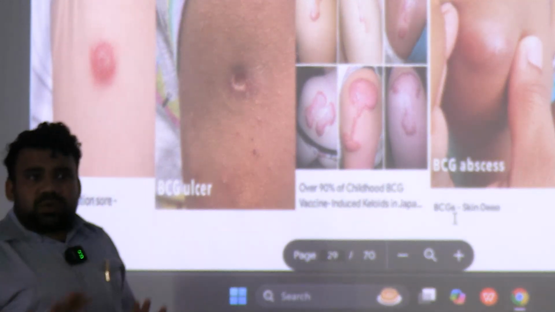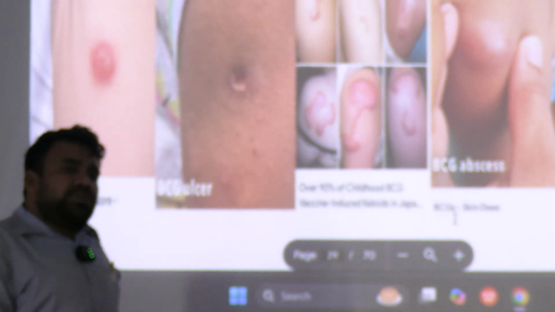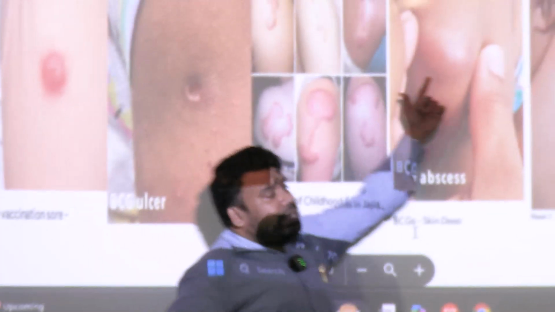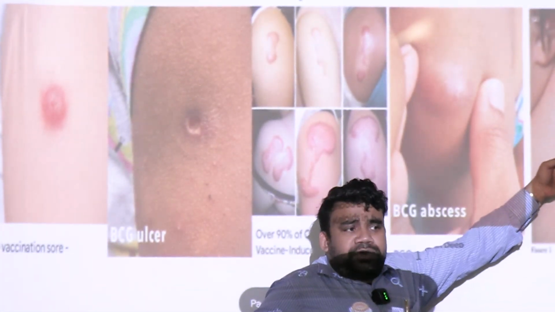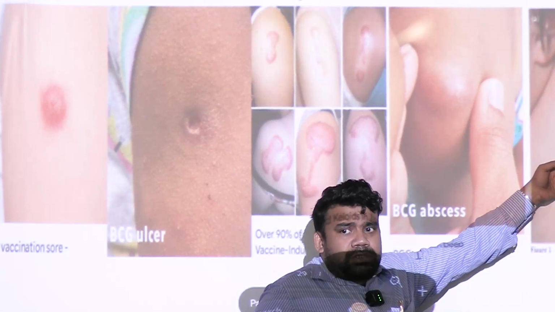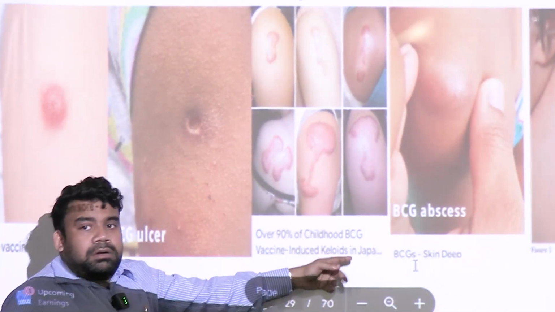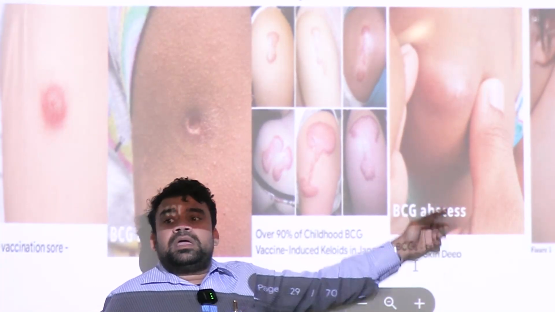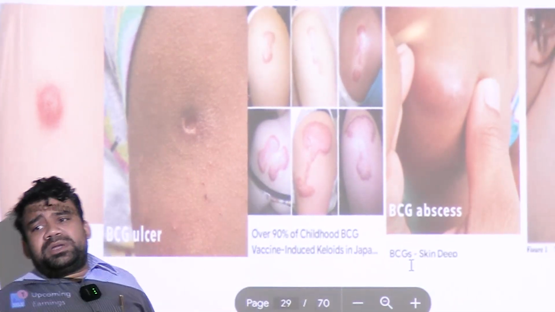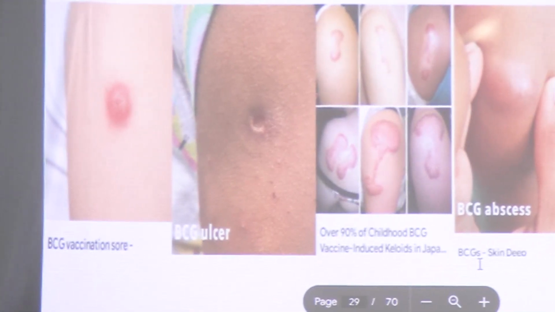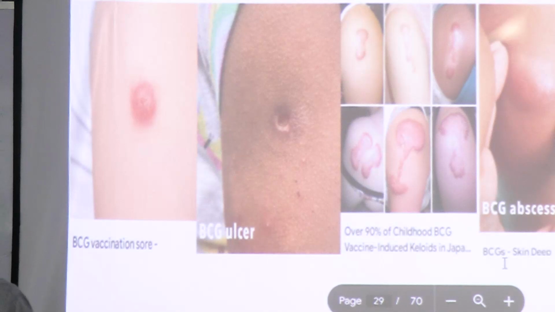That is normally what happens, but sometimes some abnormalities may also occur. Suppose it cannot be contained, what will happen? It will drain into the axillary lymph node and will cause severe suppurative lymphadenitis. Or the skin lesion may end up having a skin abscess. Another thing that can happen is formation of keloid. You have read in pathology, right? What is keloid? Exaggeration, right?